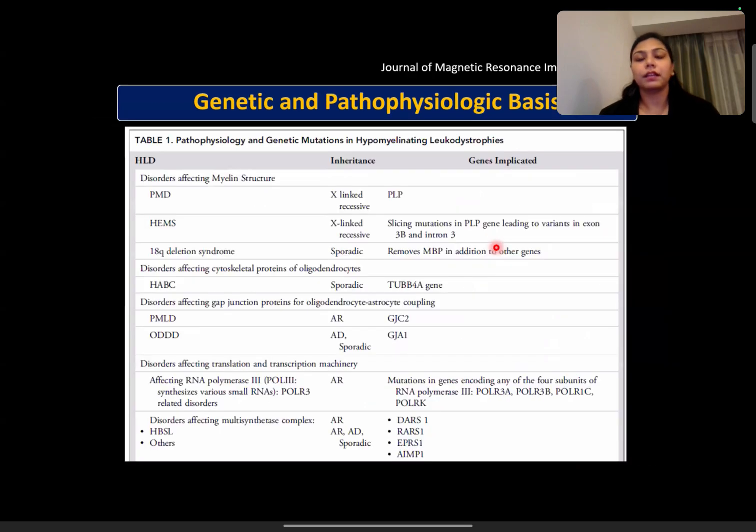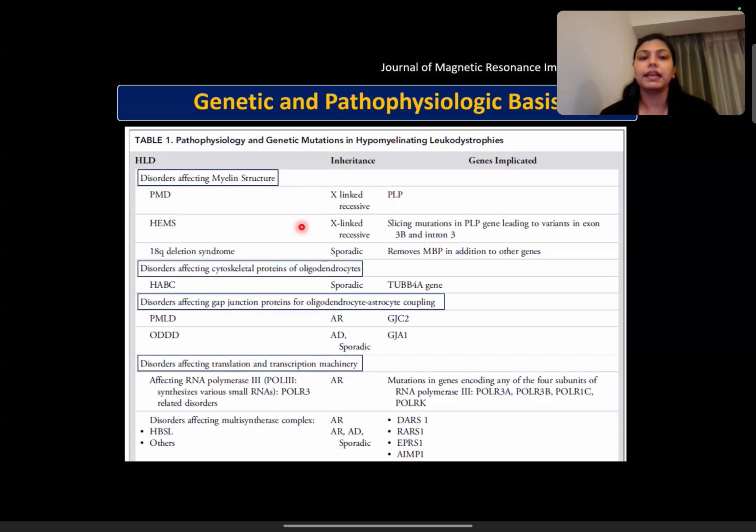So there are not only disorders secondary to abnormalities in myelin structure, but also because of the cytoskeletal proteins of oligodendrocytes, abnormal gap junctions, abnormal translation and transcription machinery, abnormal growth factors, as well as DNA nucleotide repair defects.